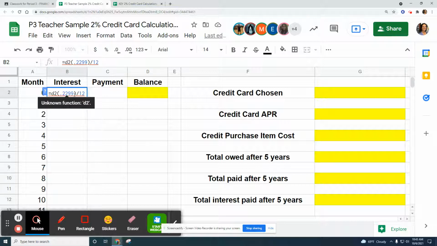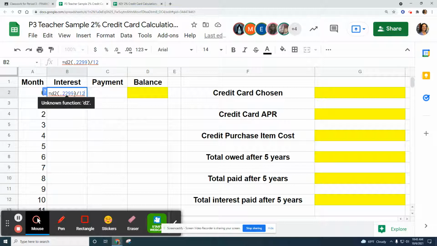I'm typing in equals D2 times my rate. My rate is 0.2299. You're putting in your rate, like Clive is putting in 0.21 because he found a card with 21%. So he's putting 0.21. What are you putting in? And then divided by 12 because we're talking a monthly rate.